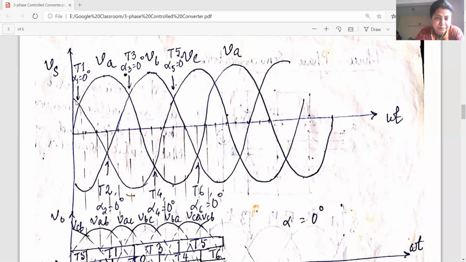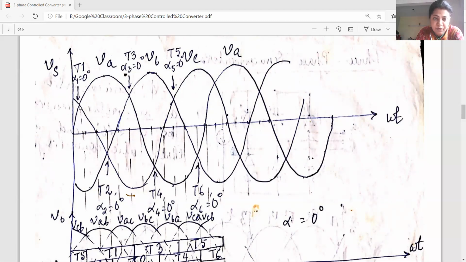Now see, before this instant, this particular waveform, VC, was the maximum positive.